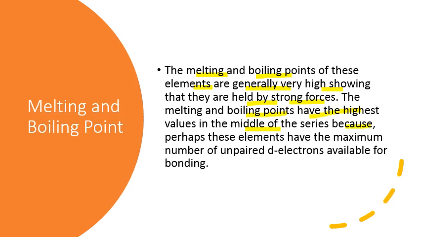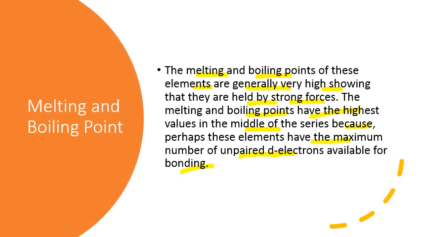It is because these elements have the maximum number of unpaired electrons, that is d electrons, which are available for bonding. They also have the maximum oxidation state in the middle of the series, and that is why bonds form with those unpaired electrons, and the melting point and the boiling point of these elements are very high.